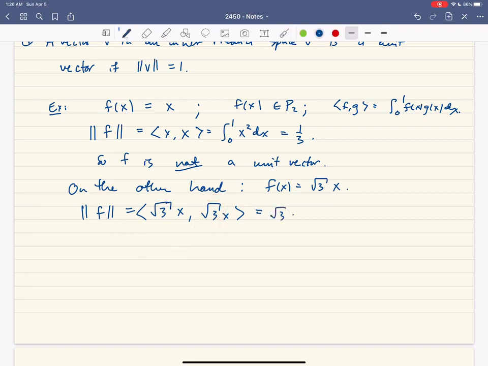That's going to be square root of 3 times the inner product of x with square root of 3 times x. And then I can do the same thing again with this square root of 3. I can bring that out as well. So I'm going to end up with square root of 3 squared, otherwise known as 3, times the inner product of x with itself, which we just said was 1/3. And so this is going to be 3 times 1/3, which is 1. So f of x being square root of 3 times x is a unit vector.